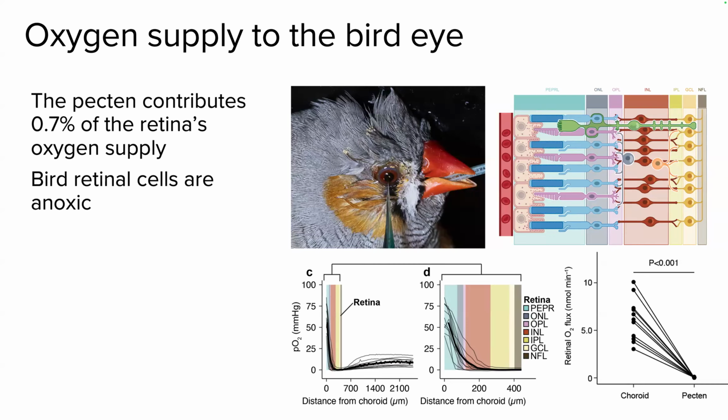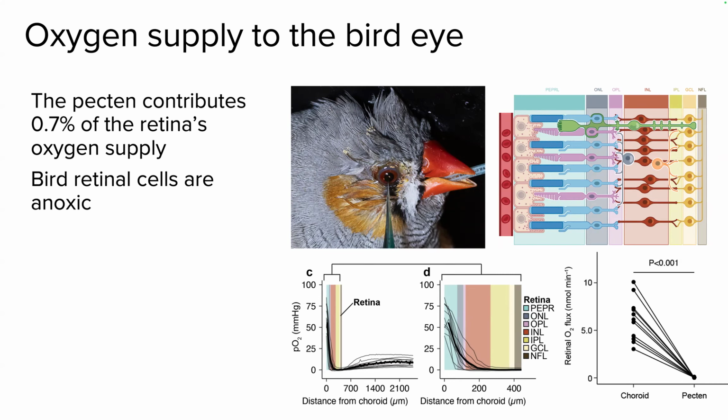Yes, it could potentially do that, because then you could have convection inside of the retina, which will of course increase the flux. So yes, there is the possibility that if we were able to do the same measurements under conditions where the eye was moving, then that could provide more oxygen to the retina.